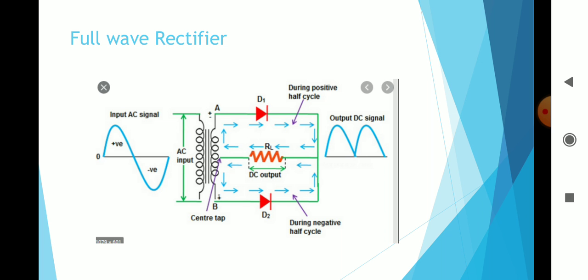It goes up and then comes down, then again goes up and then comes down. It's not AC. Why is it not AC? Because it is not inverting, that is, after a period of time it doesn't change the polarity. So here it's a pulsating DC output in both half wave and full wave rectifiers.